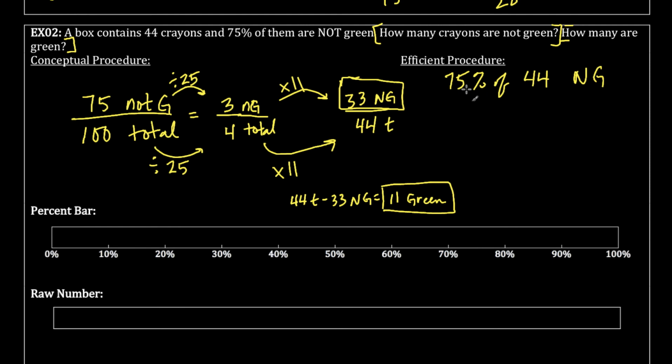So remember, we move the decimal twice, so 0.75 times 44 is 33 not green.